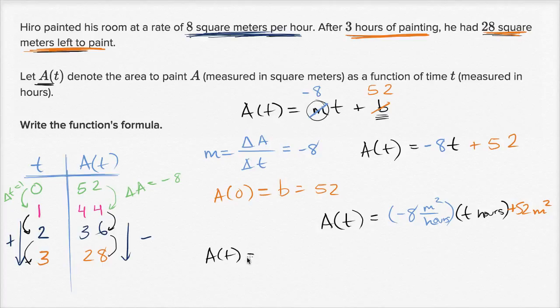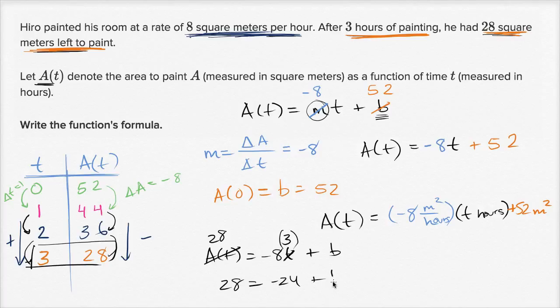So you might have said, okay, immediately my formula would look like this. A of t is going to be equal to negative 8 times t plus some b. And then you could have used this information to solve for b. When t is equal to 3, A is equal to 28. So you'd have 28 is equal to negative 8 times 3, so negative 24, plus b.